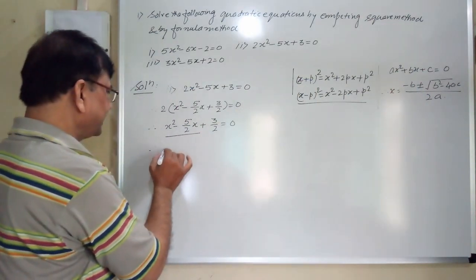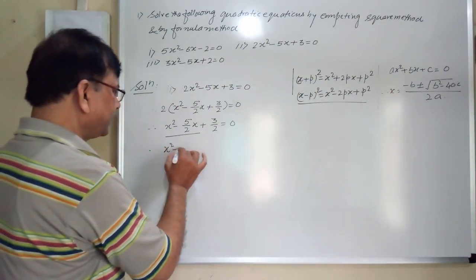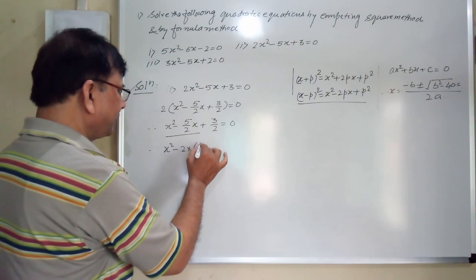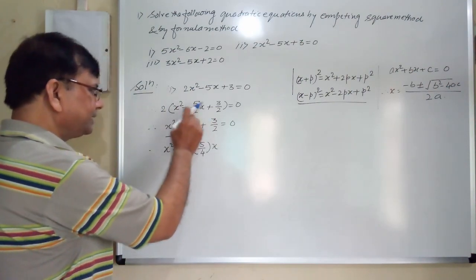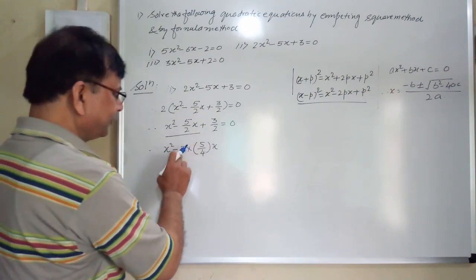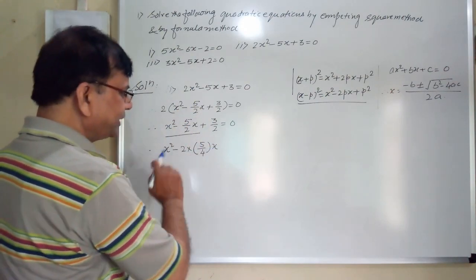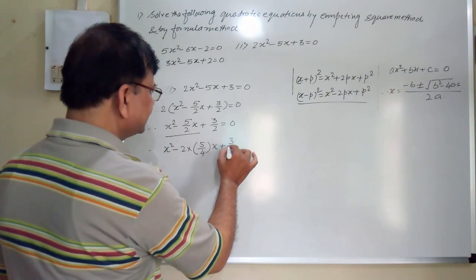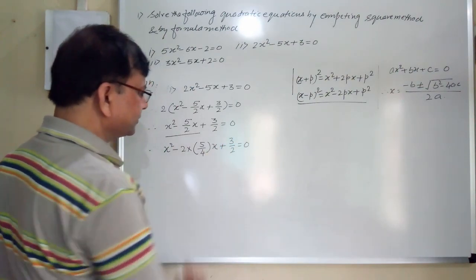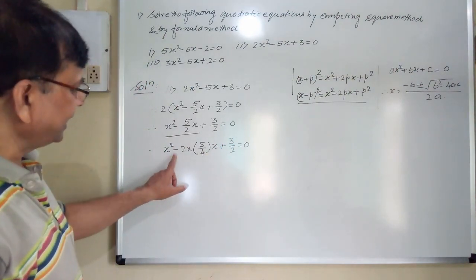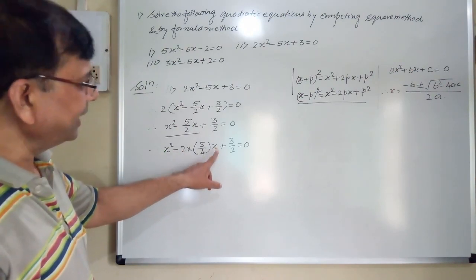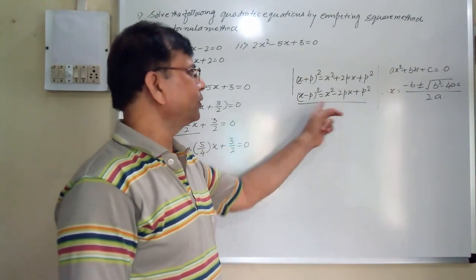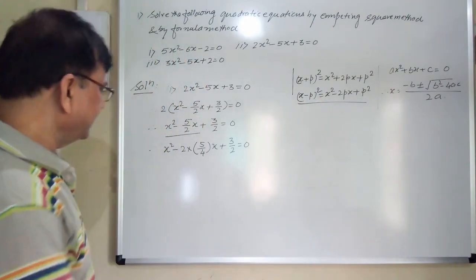So this can be written as x square minus 2 into, I will write 5 by 4. So the value of the equation won't change. 2 multiplied, divided by 2, plus 3 by 2, is equal to 0. So x square minus 2px, if we add p square, then the whole quantity will become a perfect square.